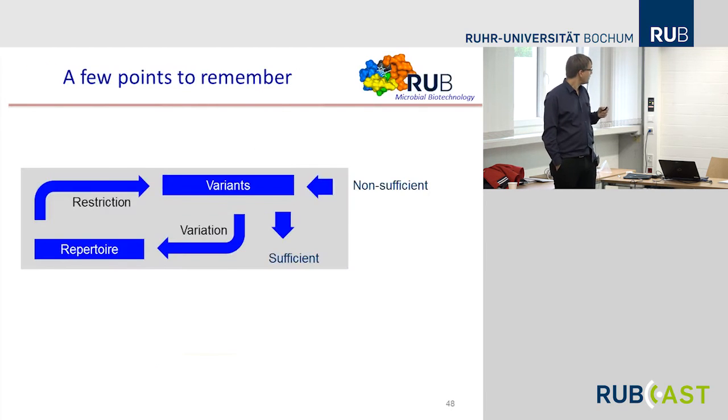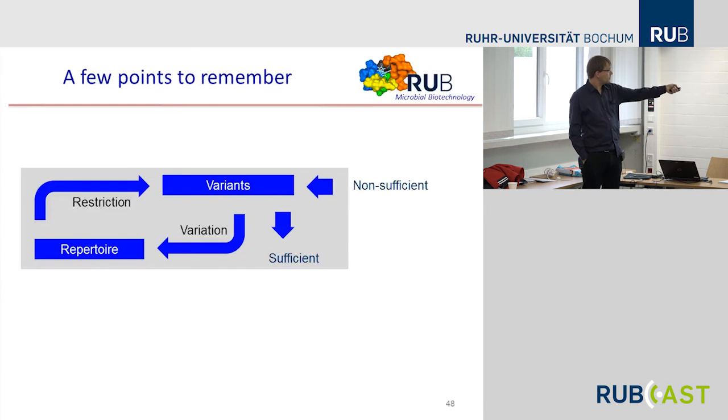Okay? So, if we make it very simple, we have something which is insufficient. We have certain variants, then we make a variation, and then we get a repertoire, and we have to restrict it. Restriction can be we make one new mutant, and we characterize it by gas chromatography, or we make 5 million and characterize and make a selection by FACS or with a growth assay. But this is, if you boil it down, what protein engineering is.